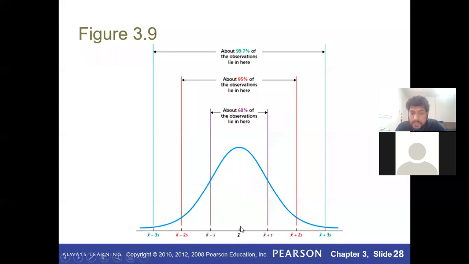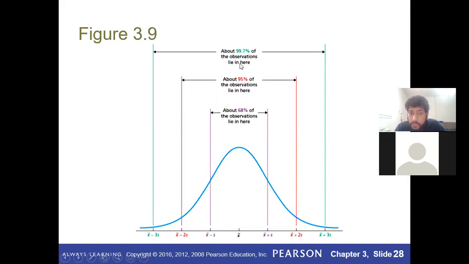Then one standard deviation, which means X bar plus S or X bar minus S. Within this purple range, about 68% of observations lie. Two standard deviations, X bar plus 2S and X bar minus 2S. Within these red lines, about 95% of observations lie. Same for the third one: about 99.7% of observations are there.